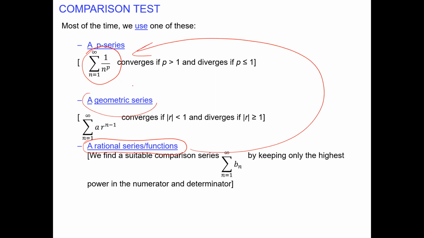Or if something is similar to the geometric series, like we just did in the first example, then we can simplify and compare to the geometric, because geometric is also easy to determine the convergence right away based on the common ratio. Okay, let's try.